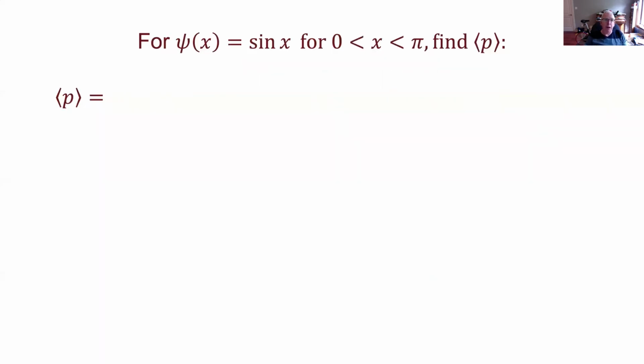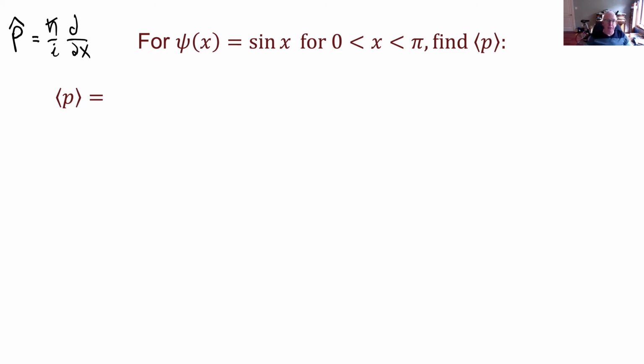I need to remind us what the momentum operator is. I have p hat, my momentum operator, and that's equal to h bar over i and a derivative like that, okay? That's my momentum operator.